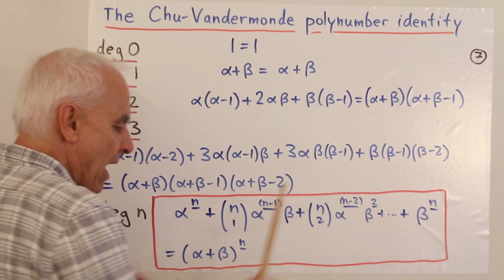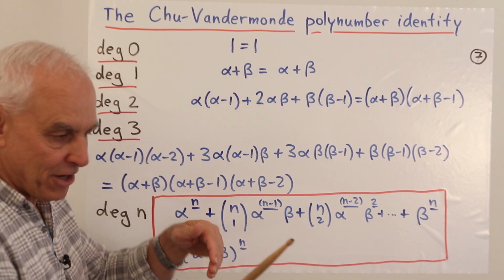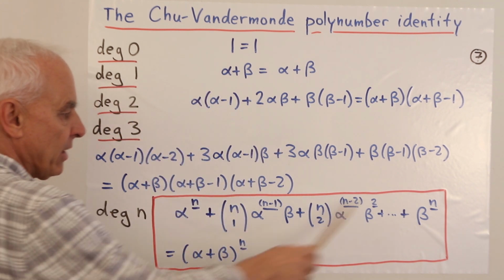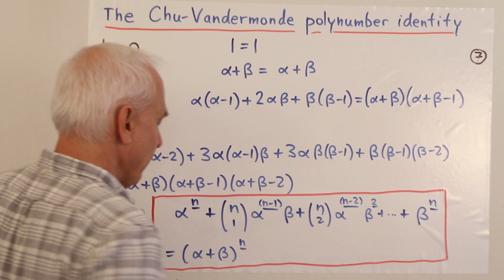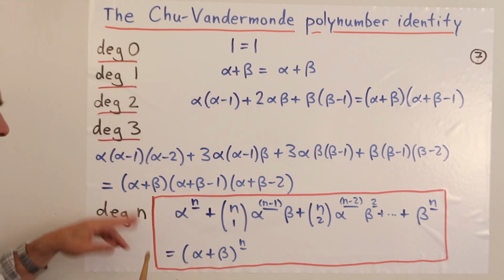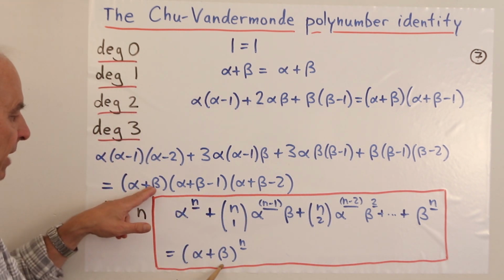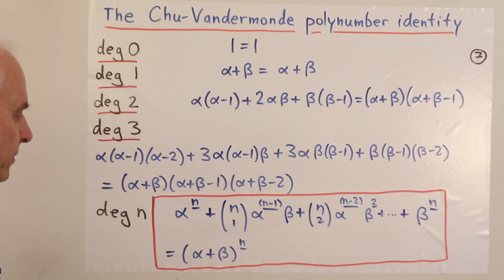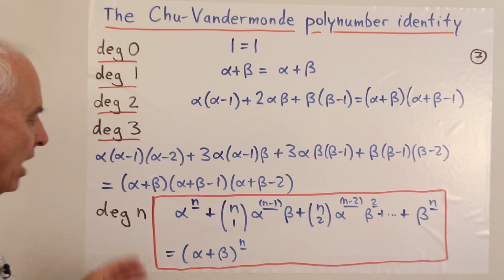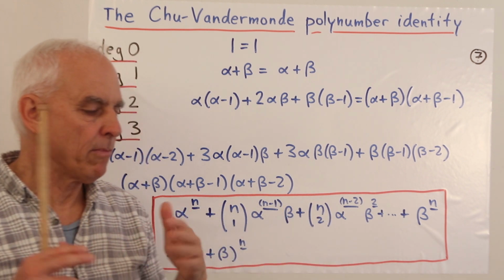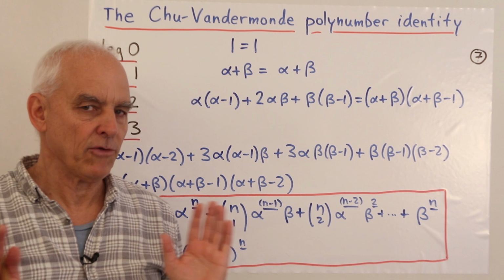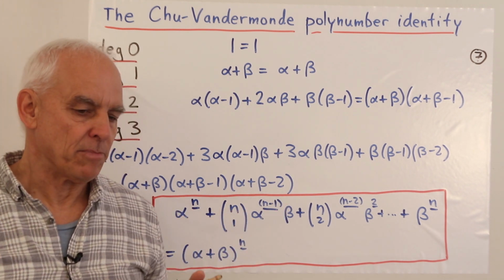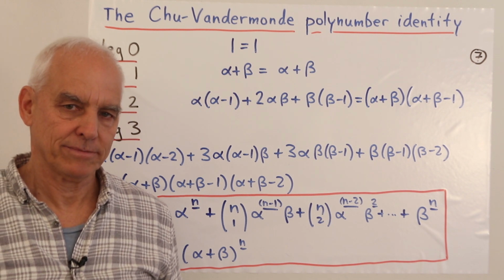So the alpha falling powers are decreasing, the beta falling powers are increasing, until finally we just have beta to the n falling. And on the right-hand side, well, it's just alpha plus beta to the n falling. So now we've sort of removed the combinatorial aspect. Now it's pure algebra. In fact, expressed just in terms of the polynumber language.